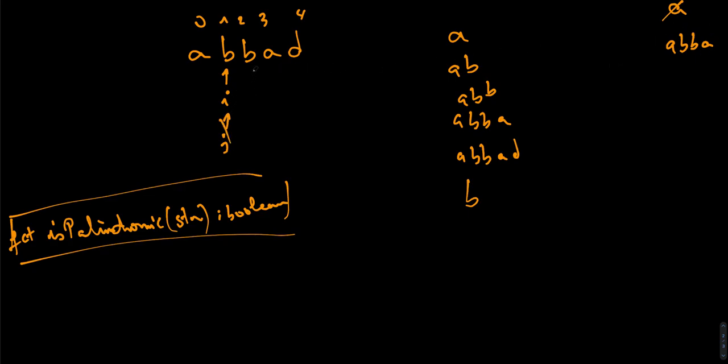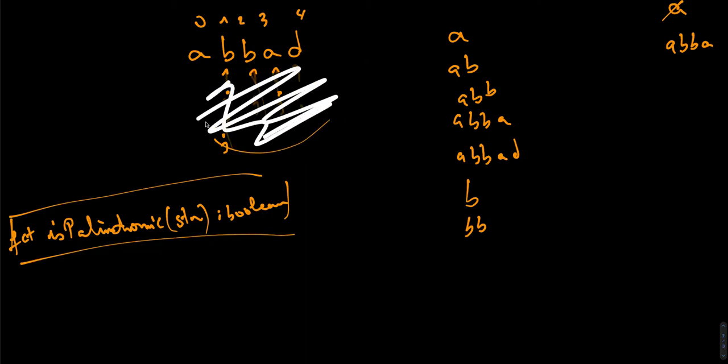And we continue our journey here. BB is indeed a palindrome, but we're not going to update here because the length is still less than our current longest palindromic string. And we're going to repeat the process until we reach the end.